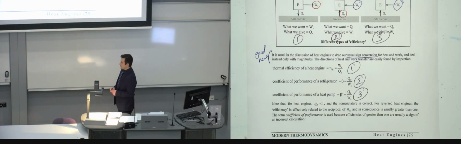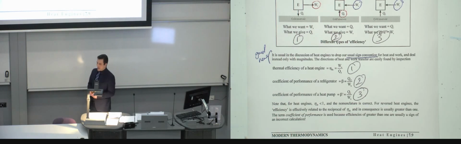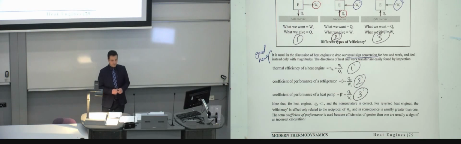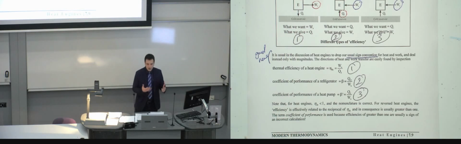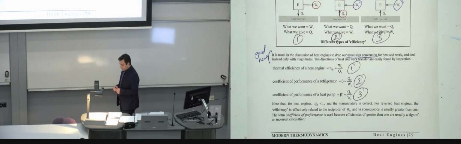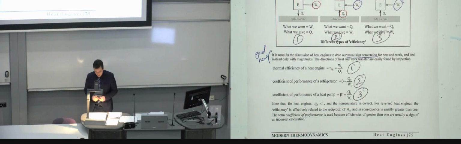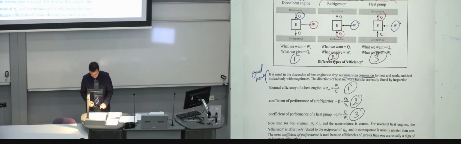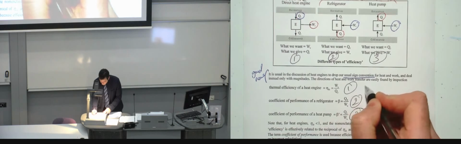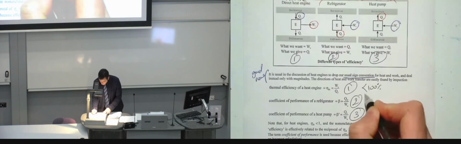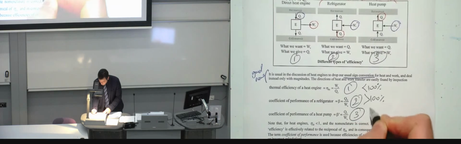Therefore, we write this as the coefficient of performance, which then could be anything. It could be 5.6. It could be 5. It could be 1.8 or whatever that is. The coefficient of performance is a new notation that we use when it comes to these two heat engines. So this is going to be less than 100%, but these are going to be more than 100%.